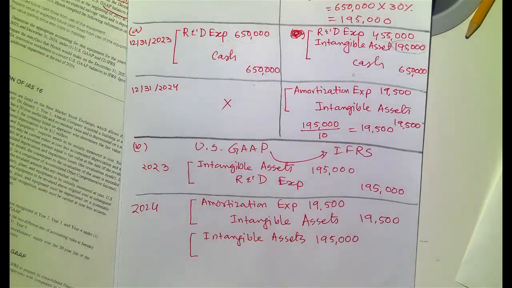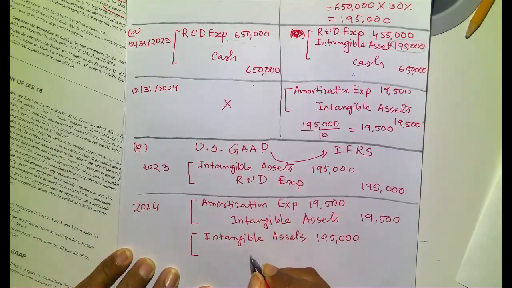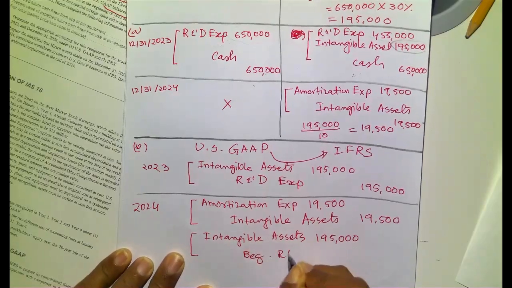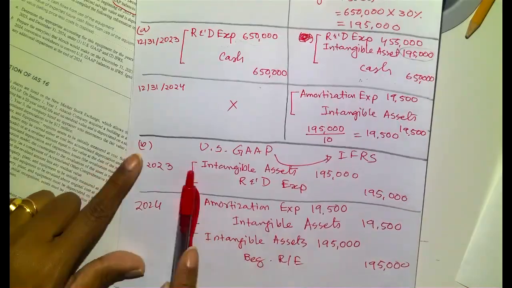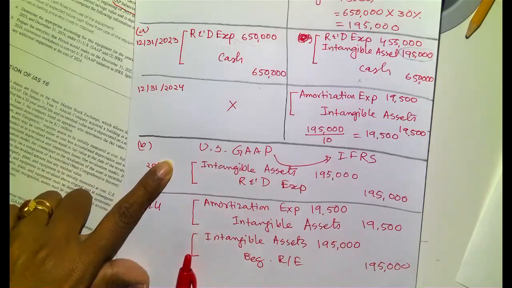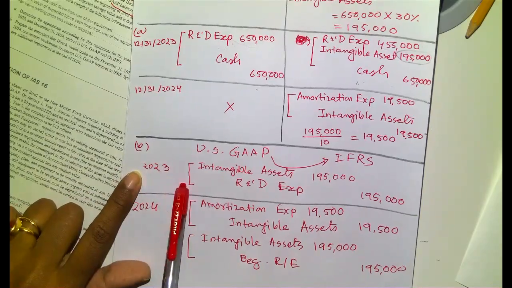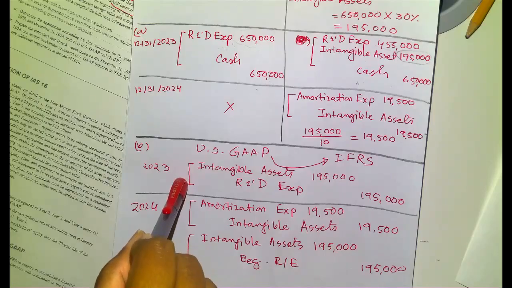Why are you showing again the debit to 195 for intangible assets after you showed it in 2023? Very, very good question. Let me write it. Very good question, and I'll answer it. So, Ari's question. I already did this conversion entry, right? Why am I again showing it? Remember, this conversion entry I did at the end of 2023 when I, as a parent, right before doing the consolidation entries.